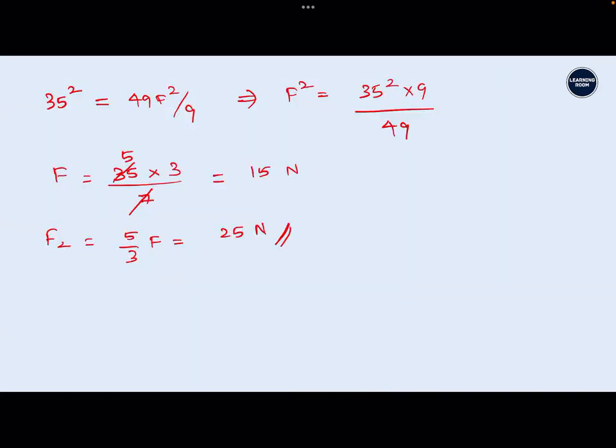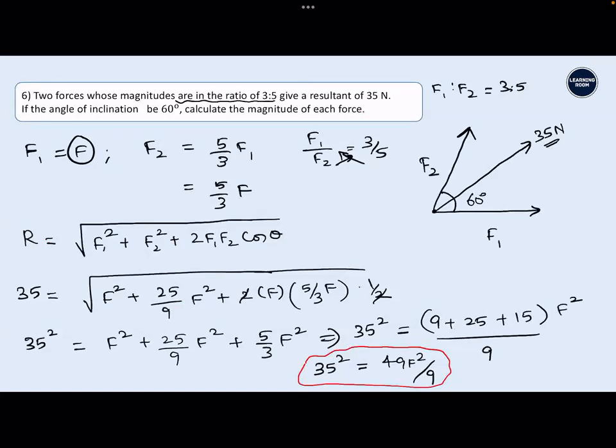Is this clear? Okay, make a note of this. Clear, guys?